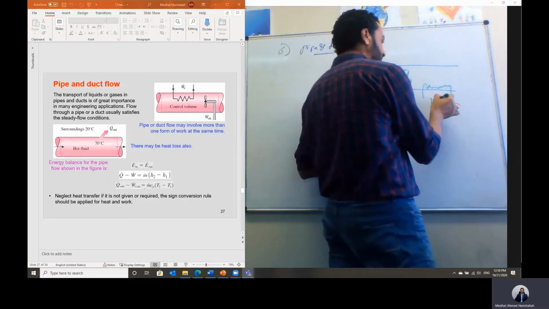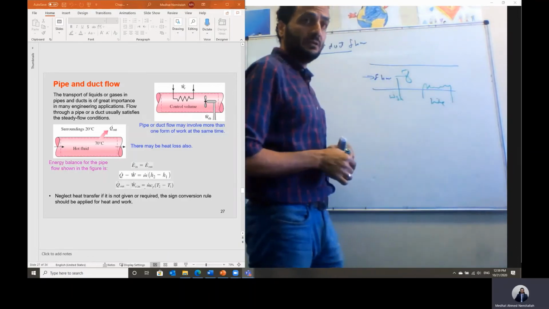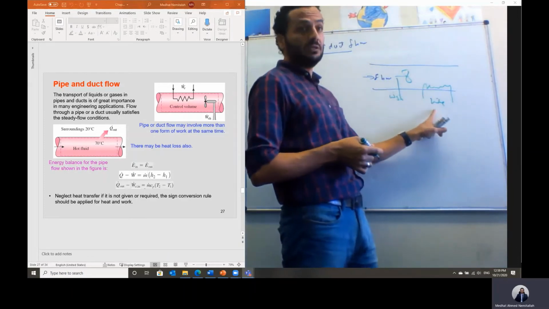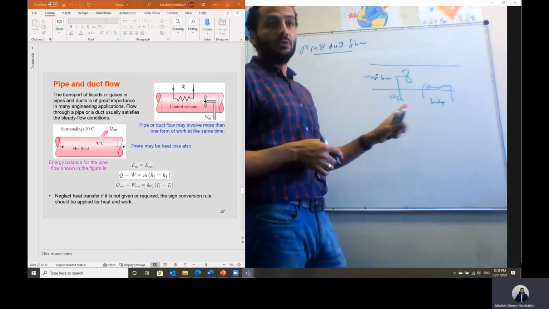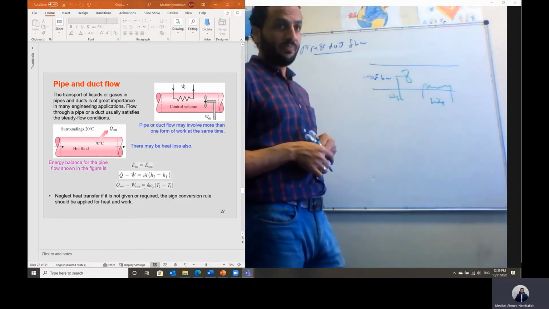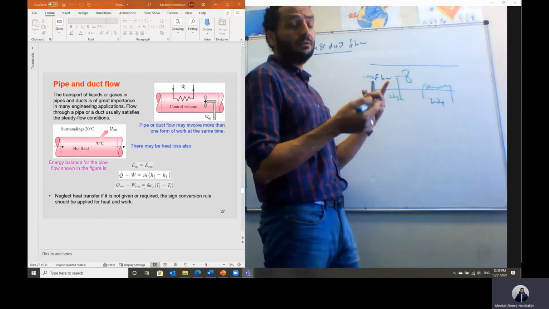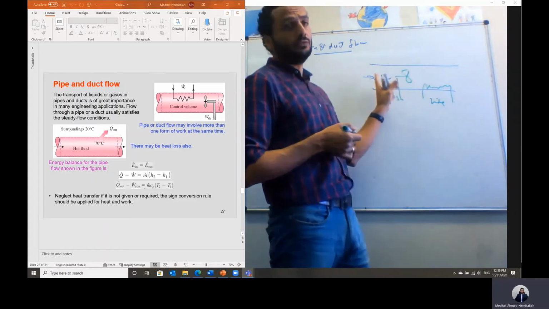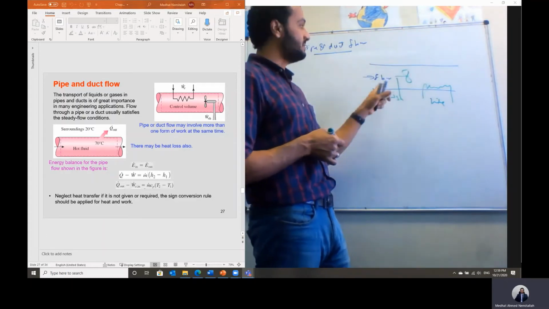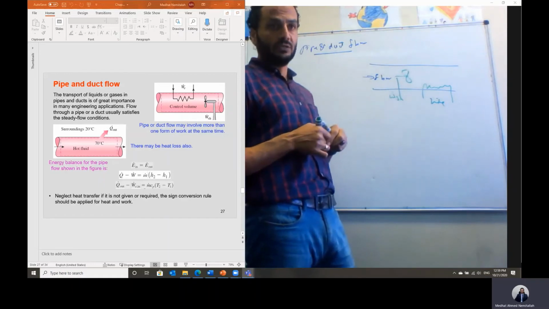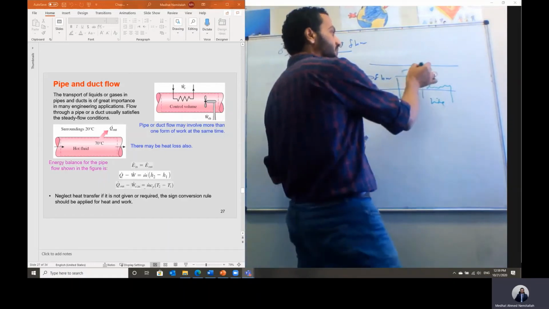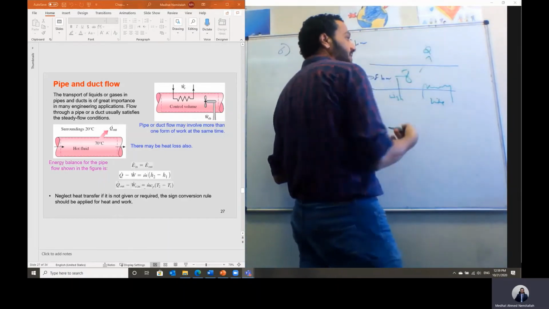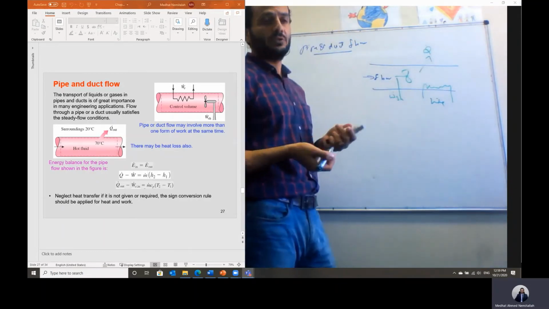And if we have an electric heating coil, it depends on the case. If in any application we have electric heating, then we have electrical input power. If we have shaft power mixing the fluid or forcing the air inside a hair dryer or something, then we may have shaft work. But in case of transporting, let's say, hot fluid, usually the hot fluid is subjected to the environment.